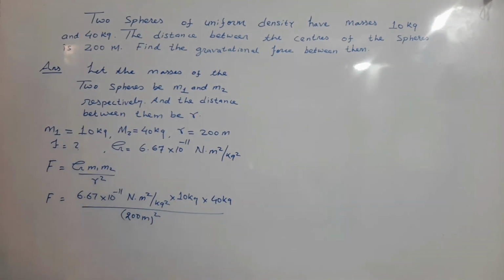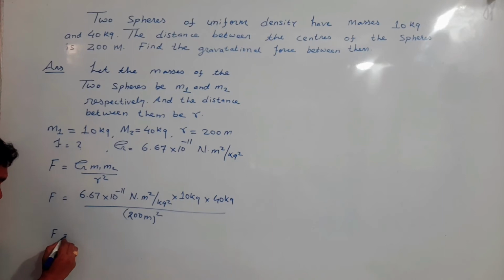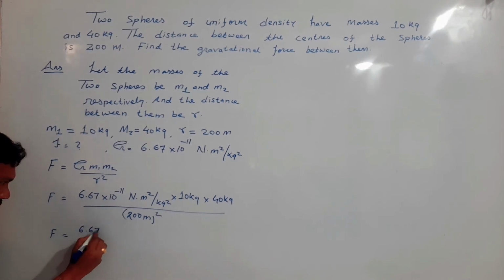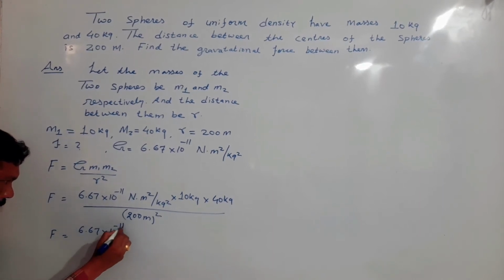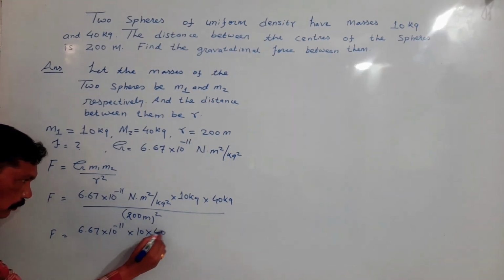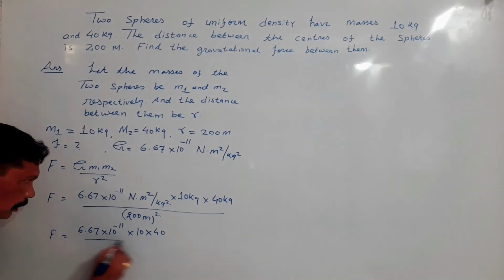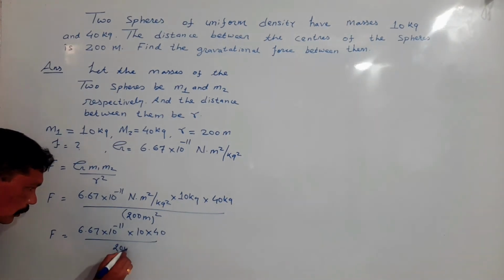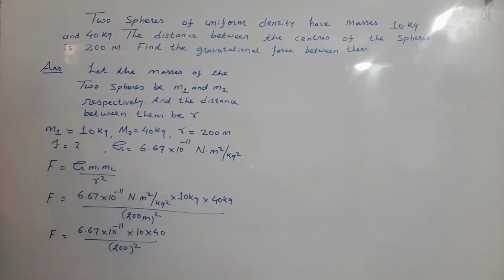So my dear student, here we have put the values in our formula. Now we will try to solve it. F is equal to 6.67 into 10 to the power minus 11 into 10 into 40 upon 200 square.